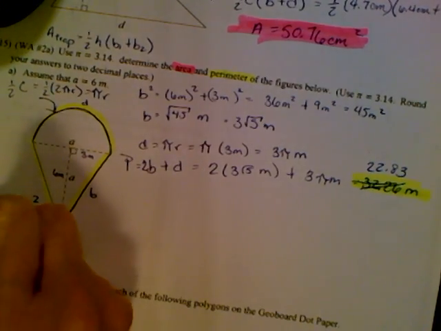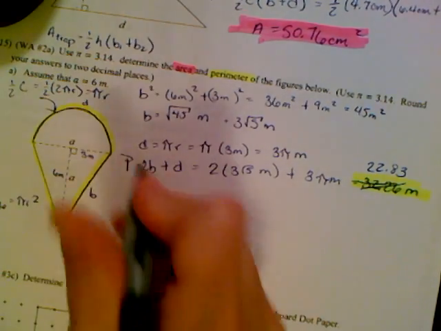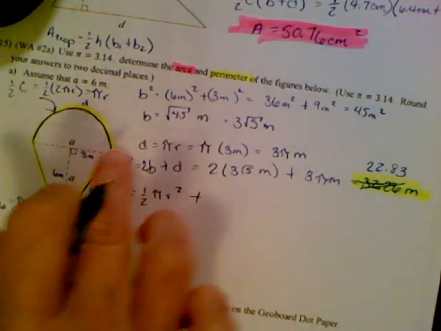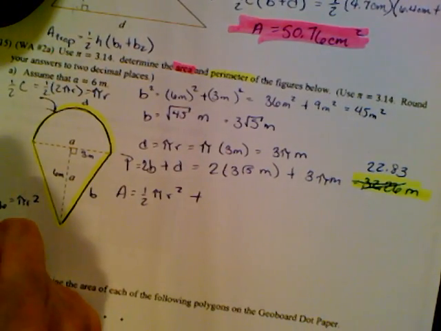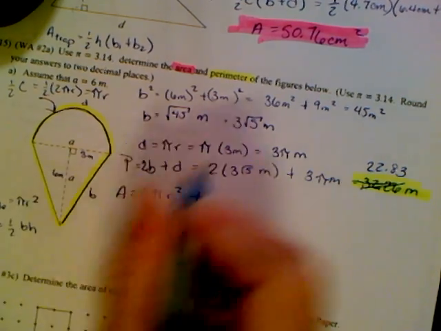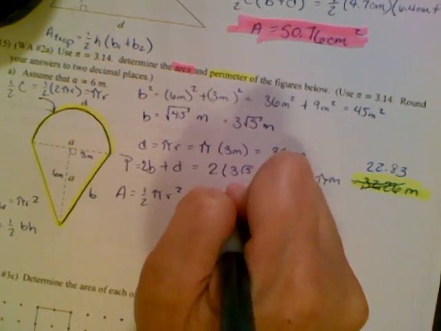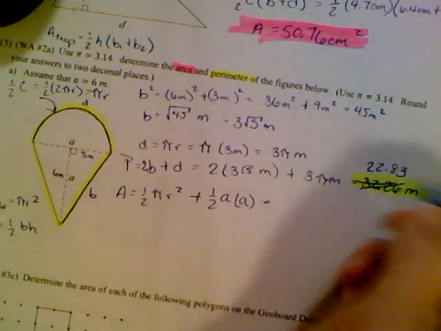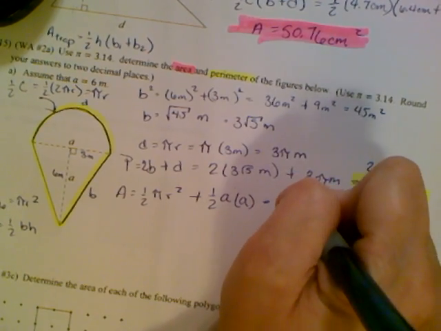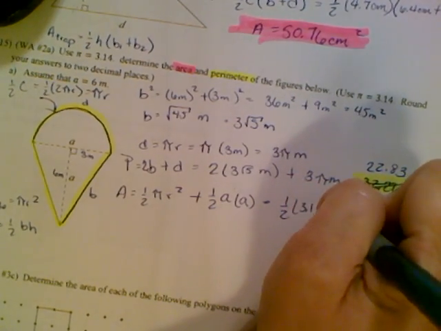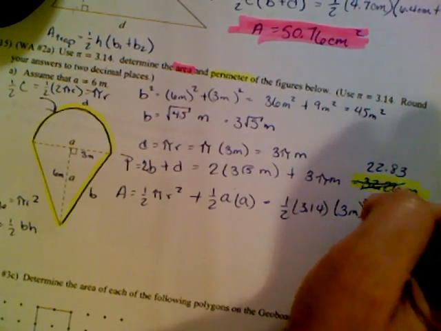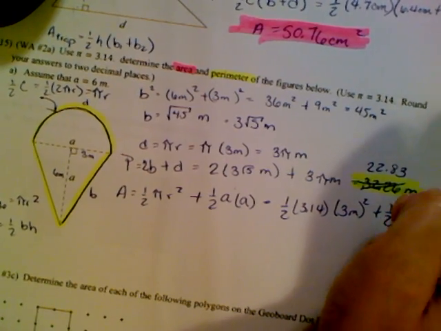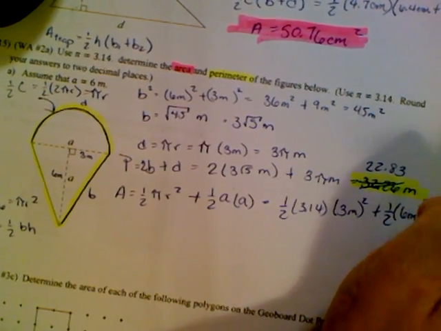The area of the circle is going to be pi r squared, so we're talking about half a circle. So our area is going to be 1/2 pi r squared, plus the area of a triangle, which is 1/2 base times height. So that's 1/2 a times a, because our height is a, which gives us 1/2 times 3.14 times our radius, 3 meters squared, plus 1/2 times 6 meters squared.